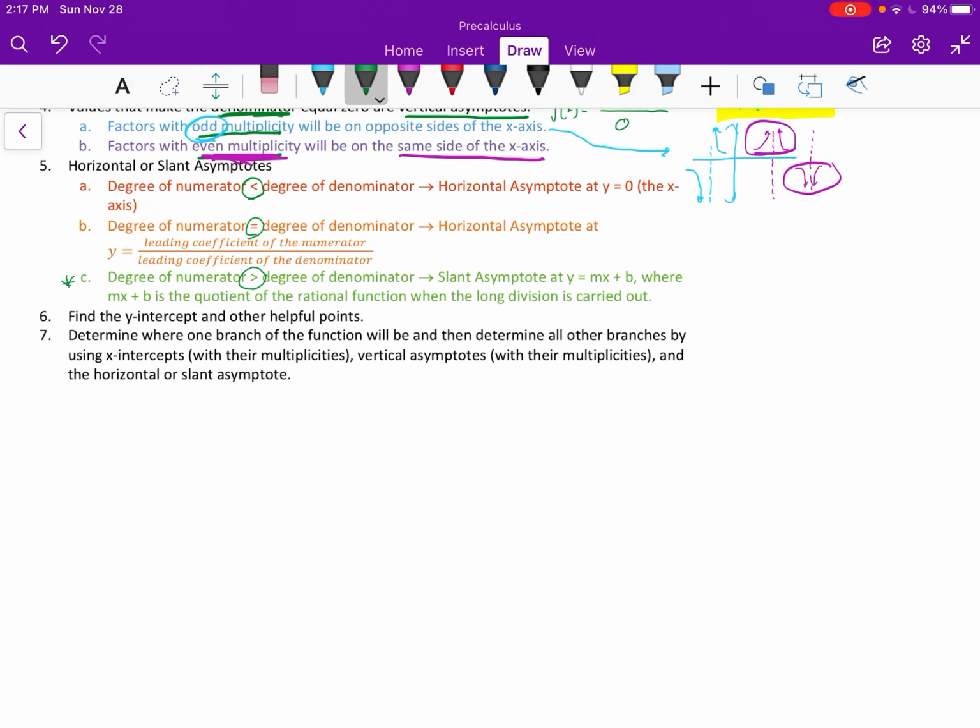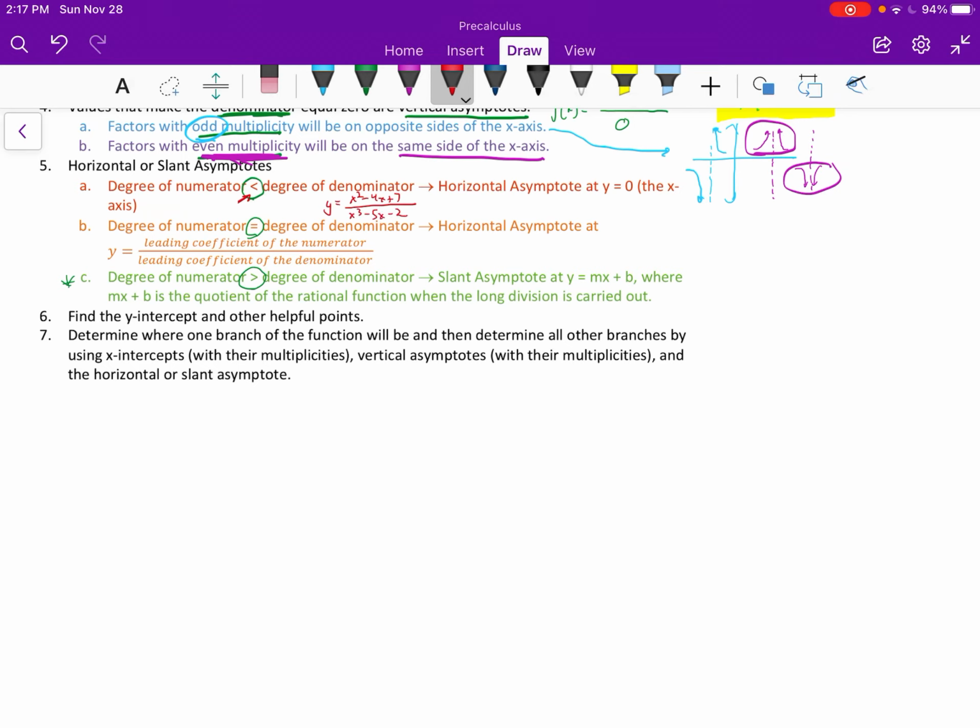So here's how it works. Part A, if the degree of the numerator is less than the degree of the denominator, that would be if we had y equals x squared minus 4x plus 7 over, and we want the degree of the denominator to be greater, so that would have to be x cubed or higher.